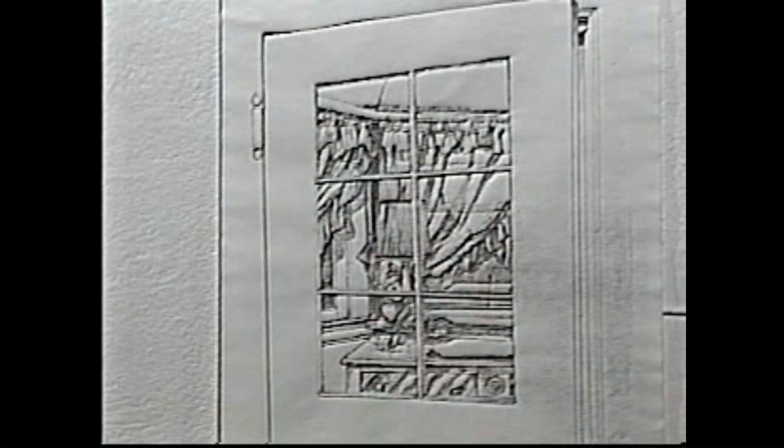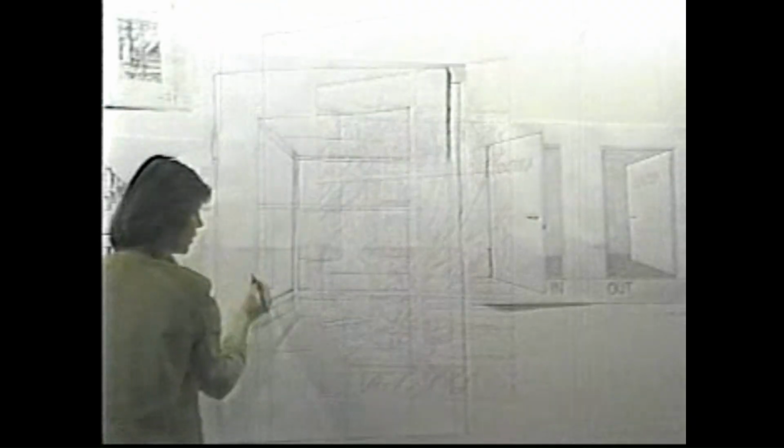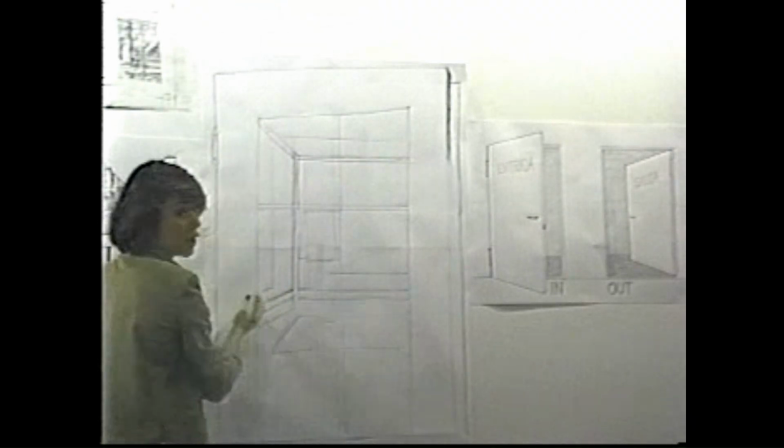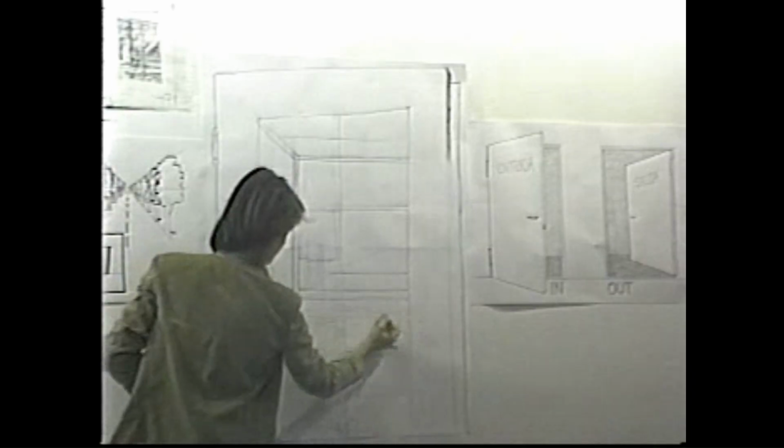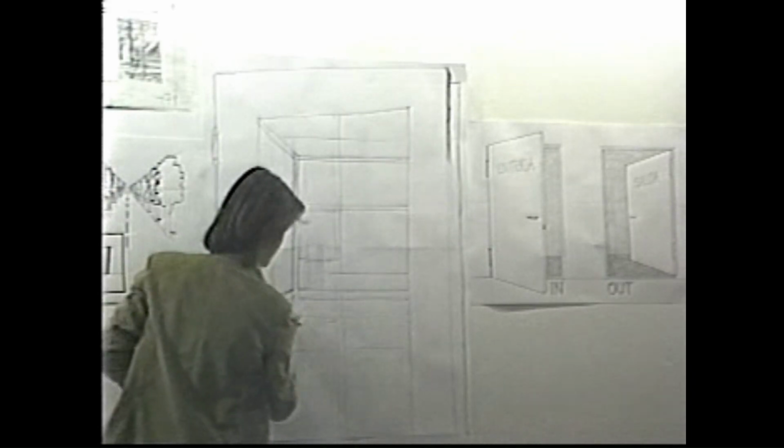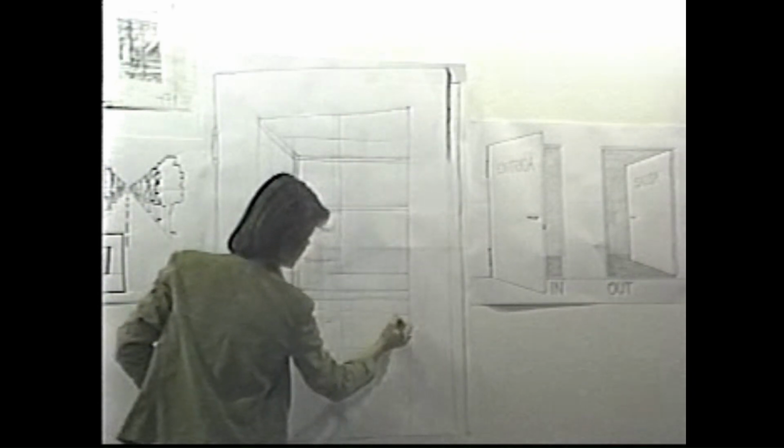So, one line converging, one line, the eye line horizontal, and then underneath we have the line converging up. Right here. This line will be converging up.